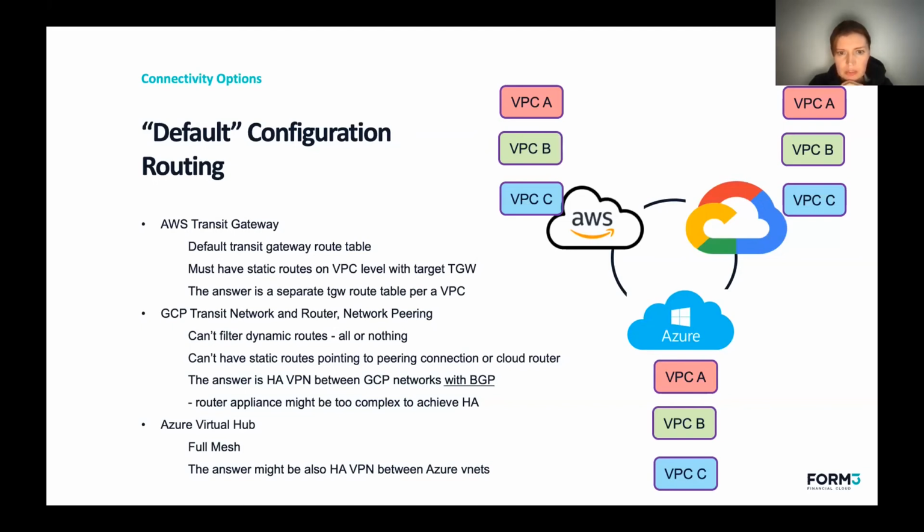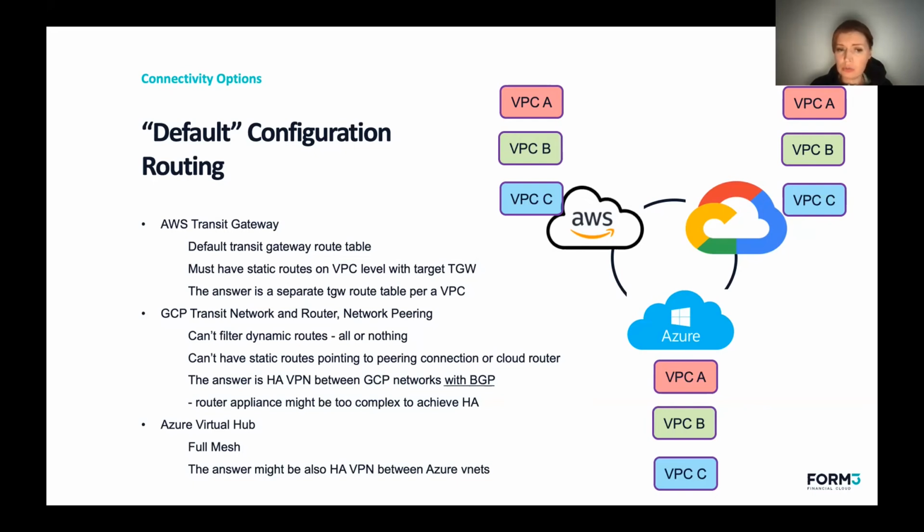That's like an all or nothing approach. And we can't have static routes pointing to a peering connection or cloud router. That's just the way networking is designed in GCP. So the answer is pretty convoluted and complex.